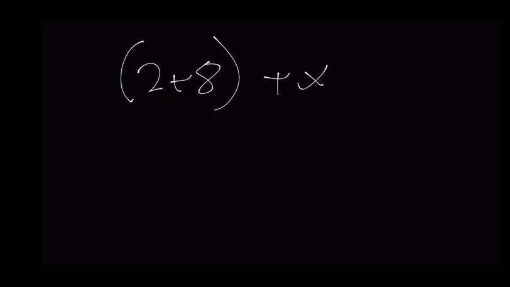Okay, let's do a few real world word problems. If you're trying to split a bill with your friends, you went to a restaurant and you wanted to split the bill. Your bill came out to $100, and the dollar sign goes in front.